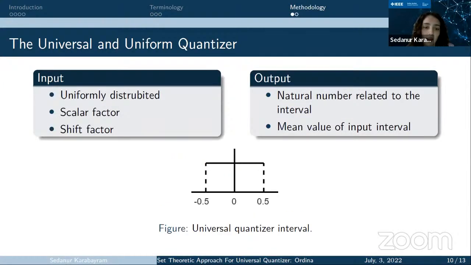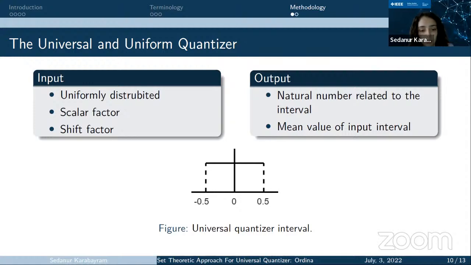So after the terminology part, I can pass to the universal and uniform quantizer design. First, I need to explain, as I mentioned in previous slides, the quantizer is basically doing the same job.